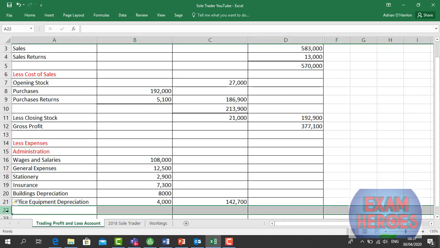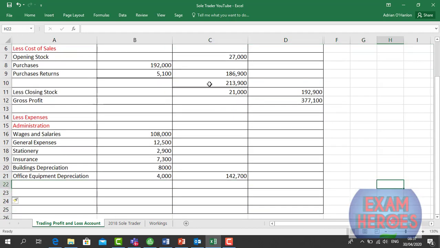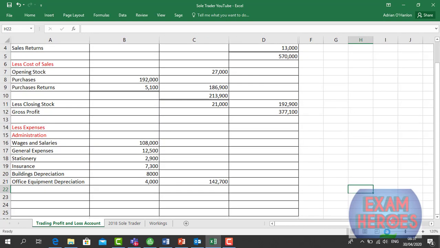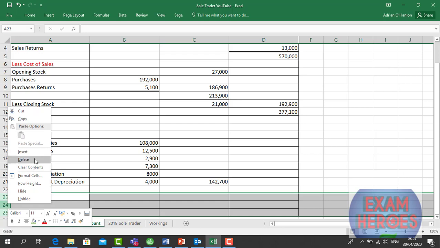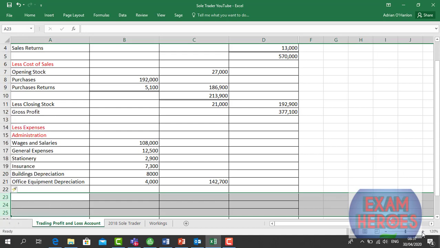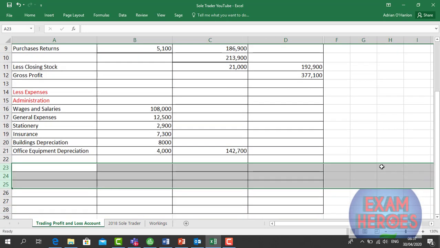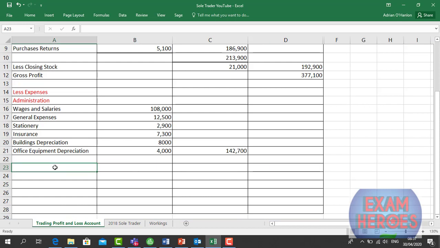So next I'll want to do my selling and distribution expenses. I'll just create a small bit of room here. Selling and distribution.